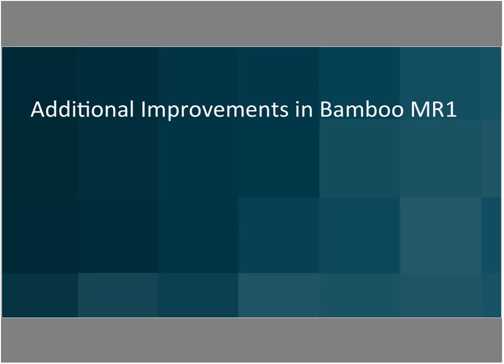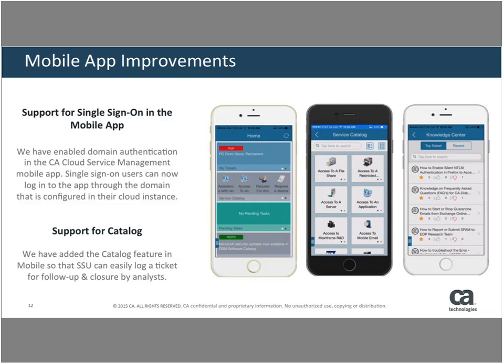So a few other enhancements in Bamboo MR1 that are worthy of talking about. The first one that I wanted to talk about was the mobile app. We have added the support for single sign-on as well as the catalog. So please note that the current SSO support is for Windows domain authentication only.